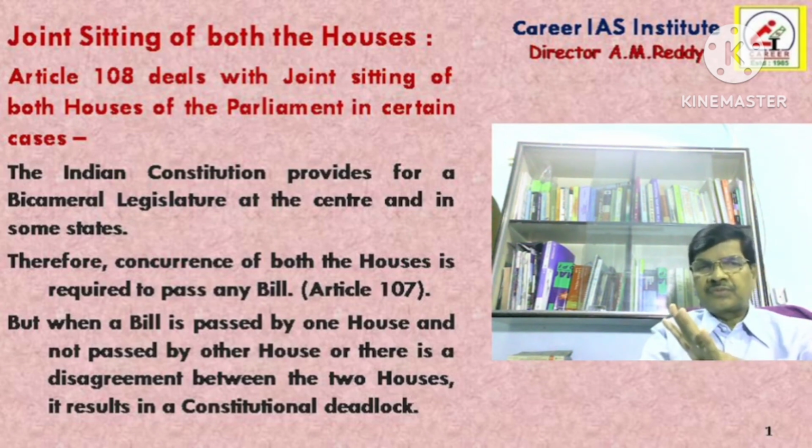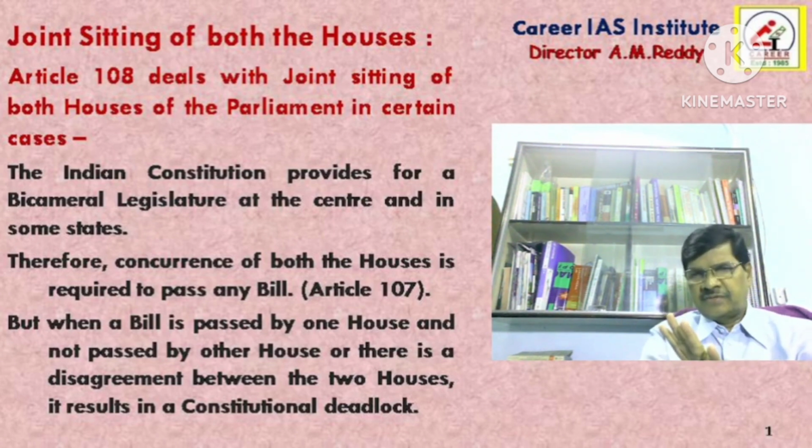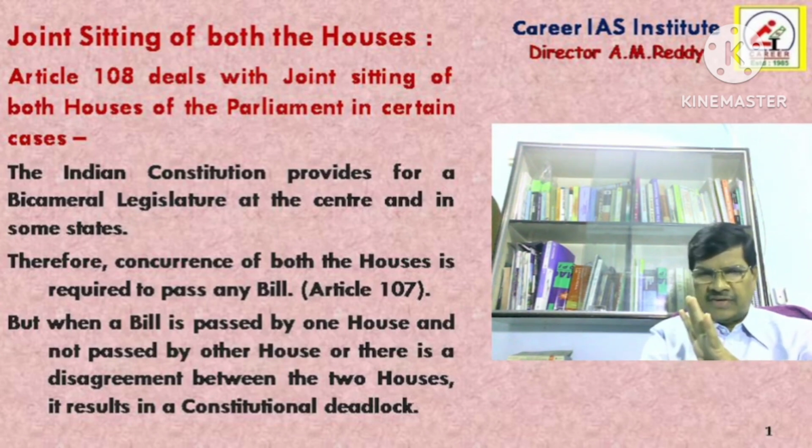So, having two houses is called a bicameral legislature, at the center and also in some states, not all states. We shall discuss all these provisions wherever they are relevant.